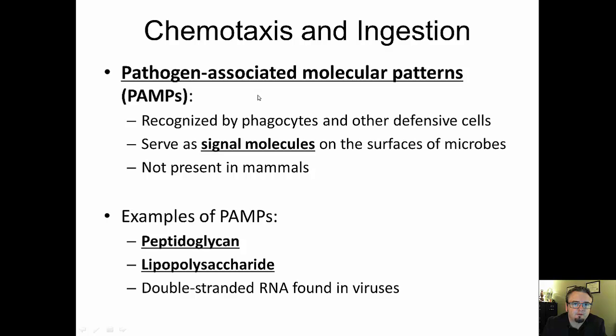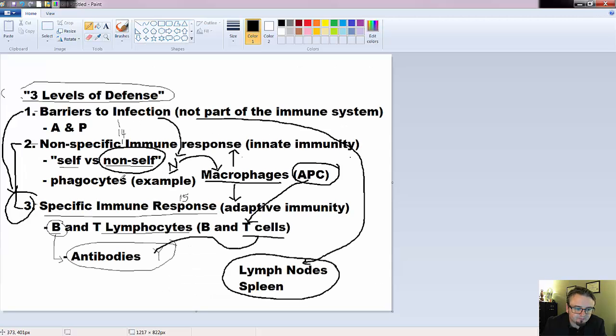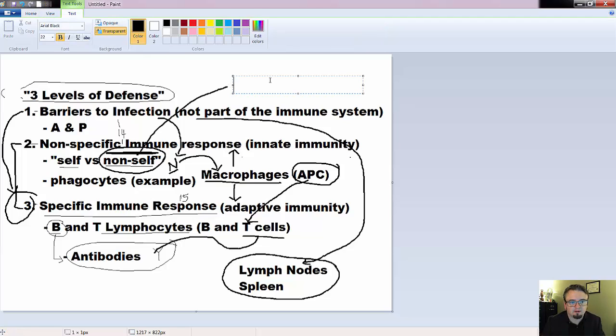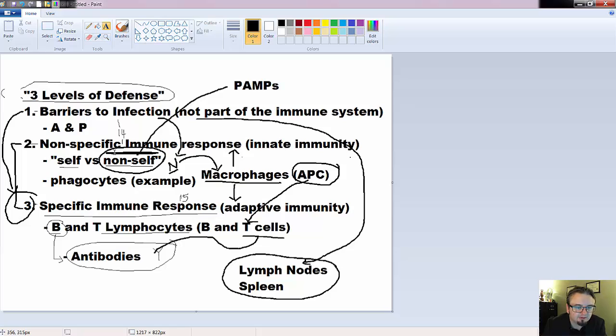So our immune system has evolved to key in on pathogen-associated molecular patterns, PAMPs. And to connect it to what I said earlier, this idea of non-self: PAMPs are very distinct, recognized aspects of the non-self.